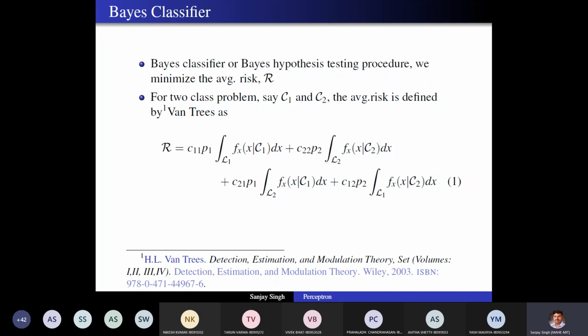Anyone of you? Just guess it. Any rough guess? Incorrect classification should have a high cost? Yeah.